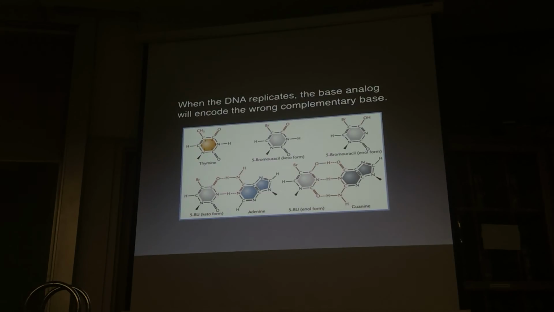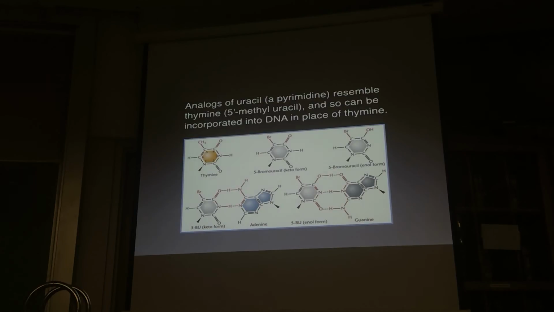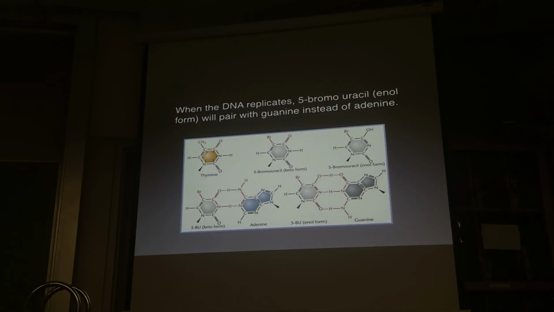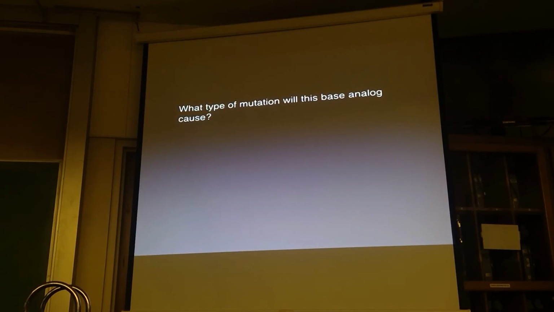Furthermore, it's still purine for purine, but again, it's not always like that. So uracil is a pyrimidine, thymine is a pyrimidine, adenine and guanine are purines. So in this case, adenine is replaced by guanine, and you get a substitution type point mutation.